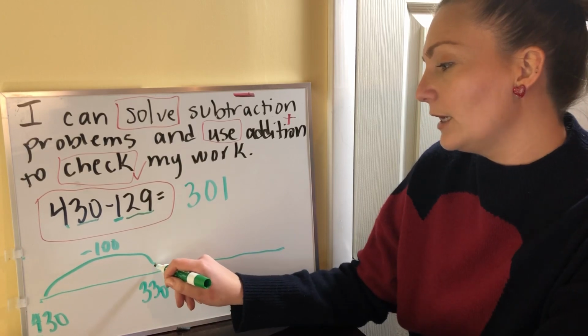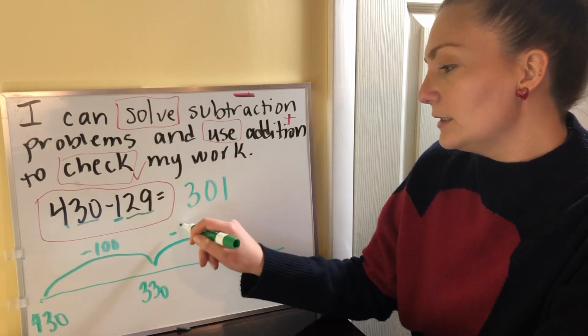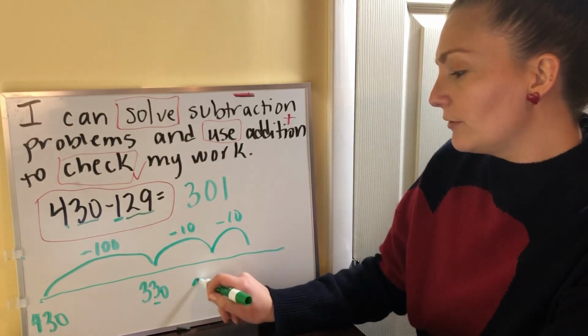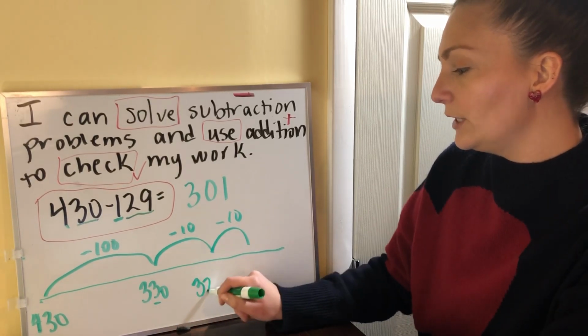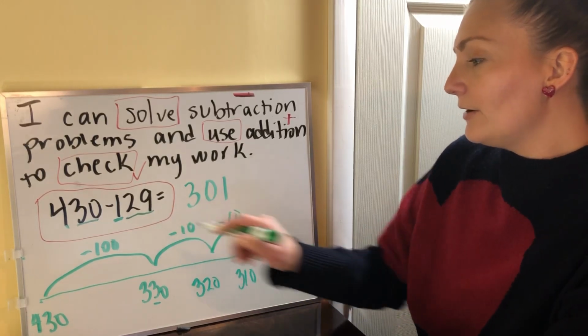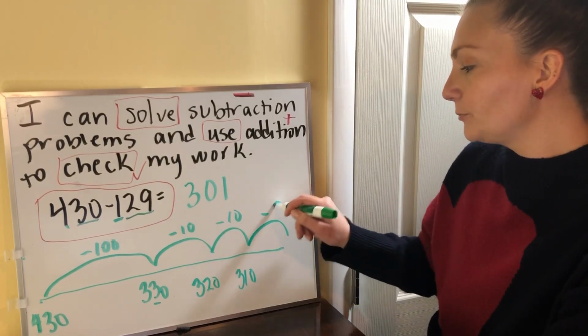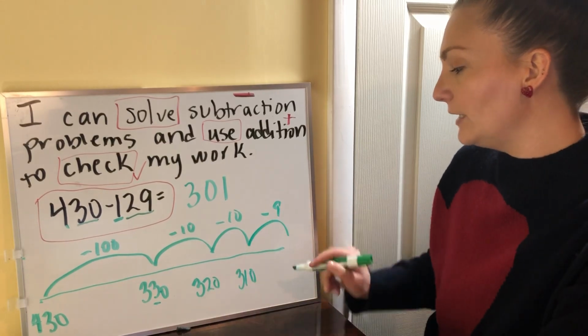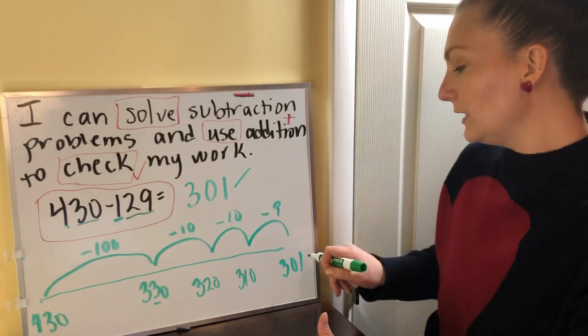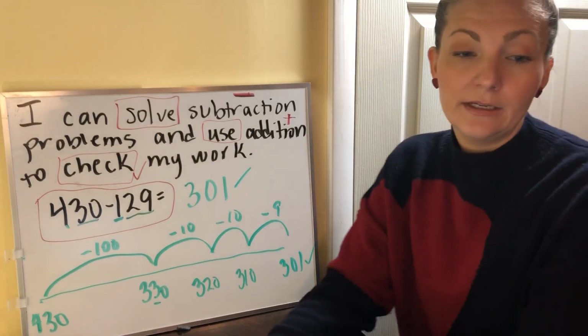So I could take away 10 and 10. Taking away 1 10 would give me 320. Another 10 would be 310. And now I could take away the 9. 310 take away 9 would be 301. So I get the same answer either way.